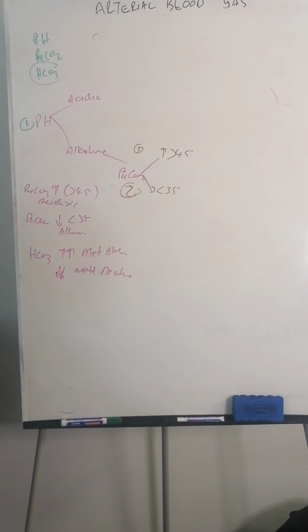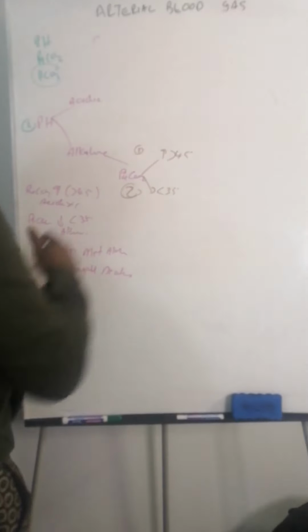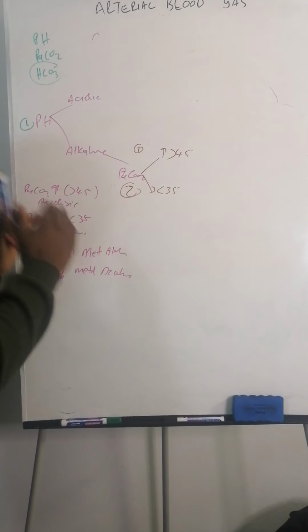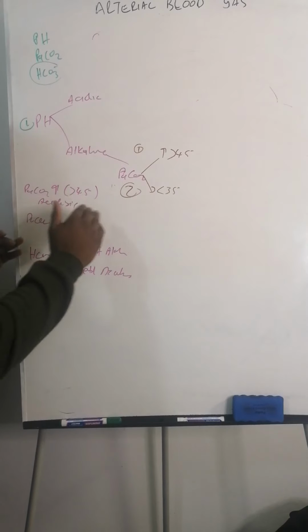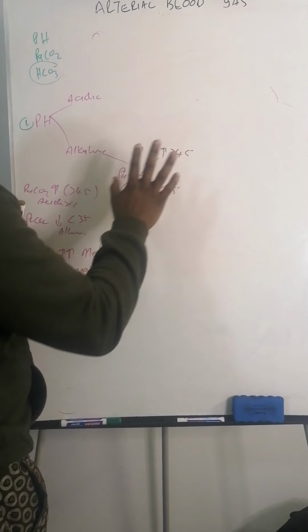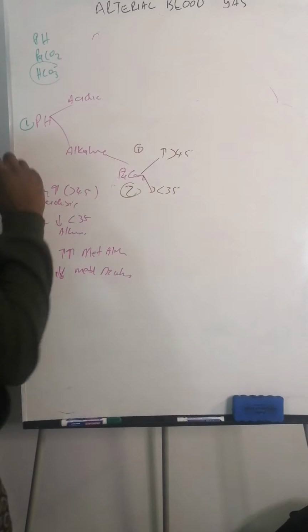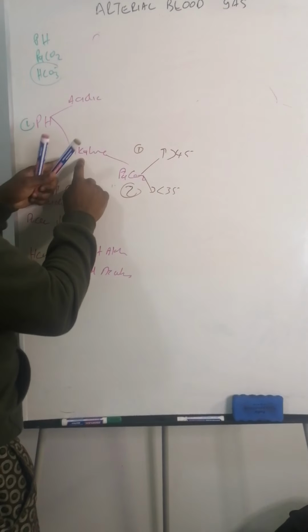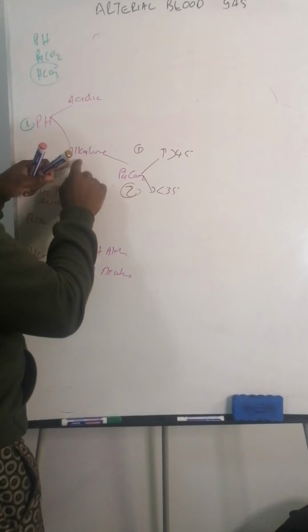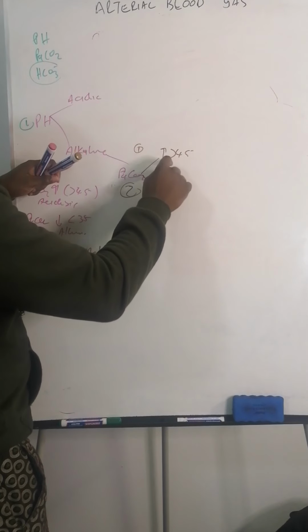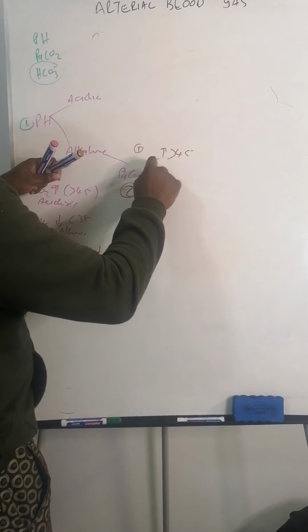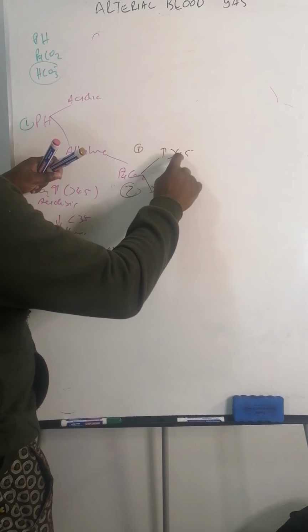Okay, so let's start with this one. This patient has got an alkaline pH. Then we look at the CO2. The CO2 is more than 45. So the CO2 does not agree with this alkalinity, because we know that a high concentration of CO2 gives us acidosis.